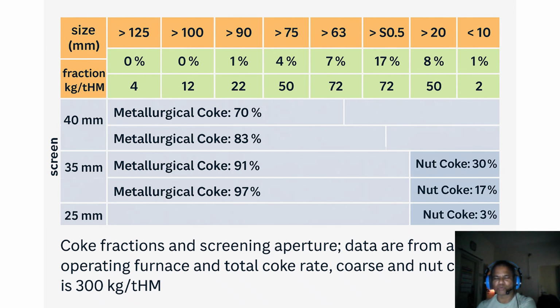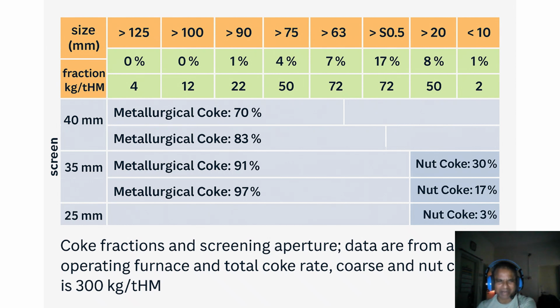Hence, there will be no permeability issue of dripping metal and slag through the grids, and subsequently our tapping will be more efficient. Hence, we need to take a band of nut coke around 17%, which is very moderate.